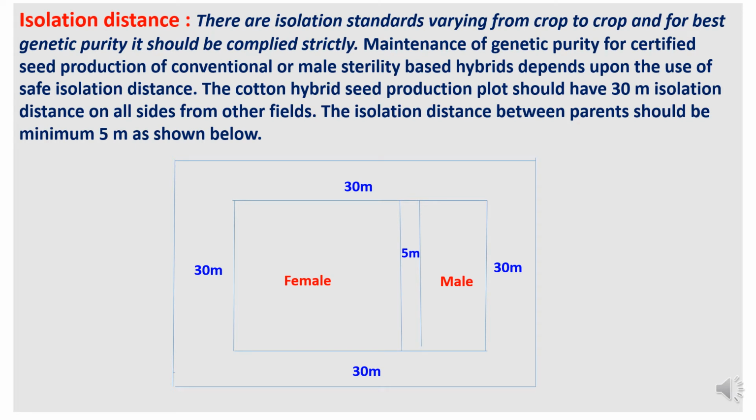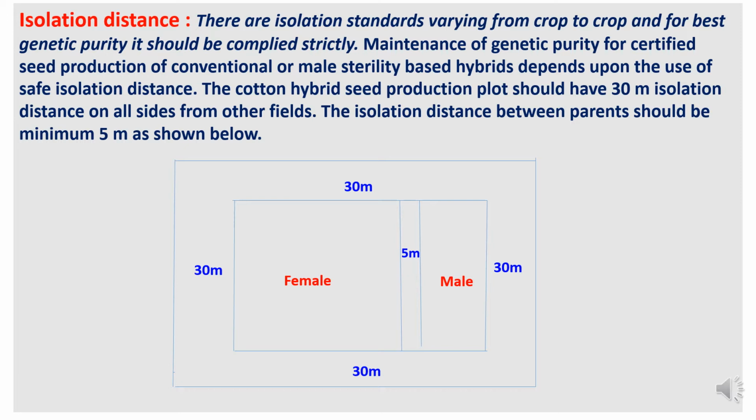Isolation distance. There are isolation standards varying from crop to crop, and for best genetic purity they should be complied with strictly. Maintenance of genetic purity for certified seed production of conventional or male sterility based hybrids depends on the use of safe isolation distance. The cotton hybrid seed production plot should have 30 meters isolation distance on all sides from other cotton fields.